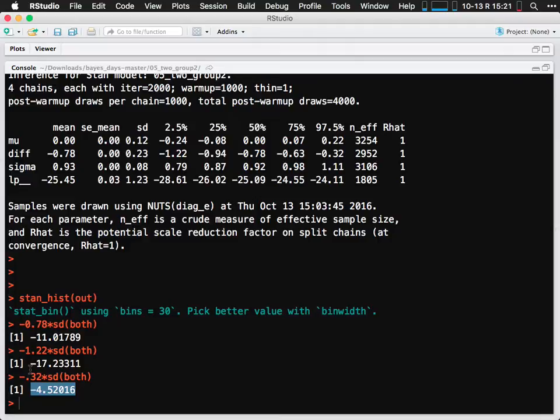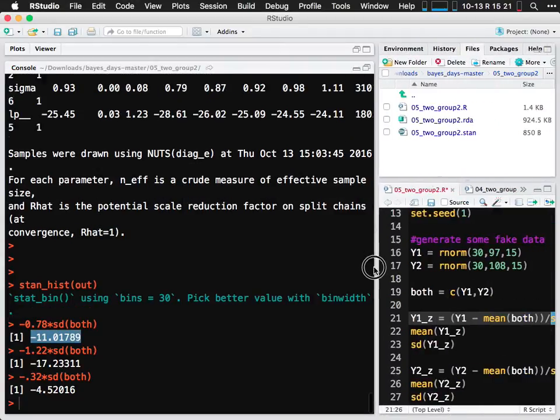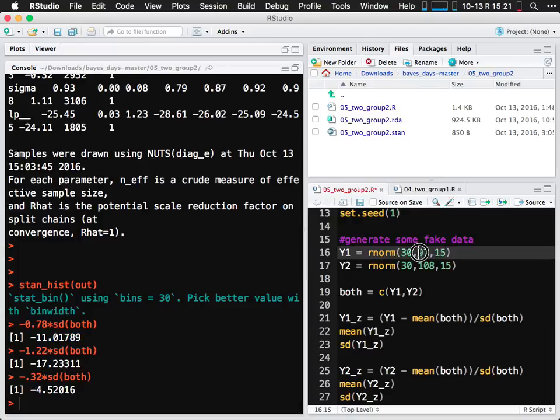Okay, so when we took the mean for diff and transformed it back, we got negative 11. Is that saying that the difference between the means for the two groups is 11? Yep. In fact, if we look at the data generating statements way up above, we actually sampled them from one group that has a population mean of 97, another group with a population mean of 108.